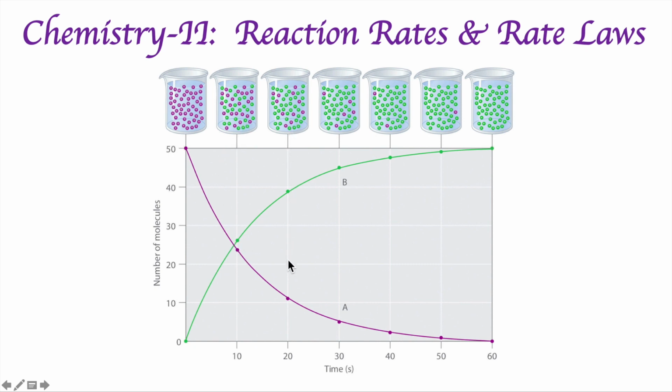And then as time goes on, there's less and less of the purple. But in the meantime, you start off with no green at the very beginning, and then as time goes on, the green product is beginning to increase until finally it maximizes and there is no more of the purple compound here. So now there is a way to go about and measure those rates of change.